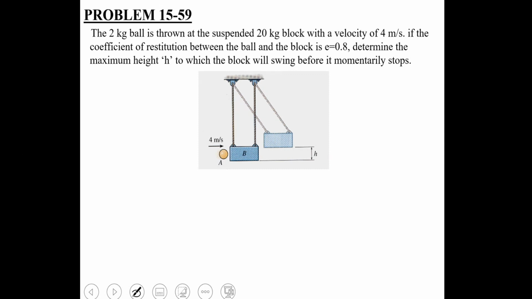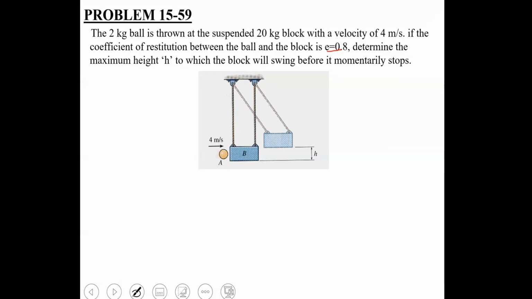The coefficient of restitution between these two particles is given to you as 0.8. You need to determine the maximum height h to which this block will swing before it momentarily stops. So as a result of this collision, block B is going to get some momentum. What should be the maximum height attained by this block after this collision? You have to find out that maximum height h.